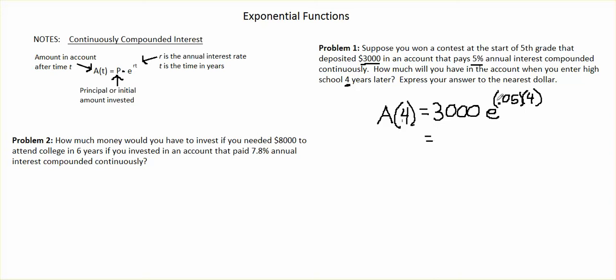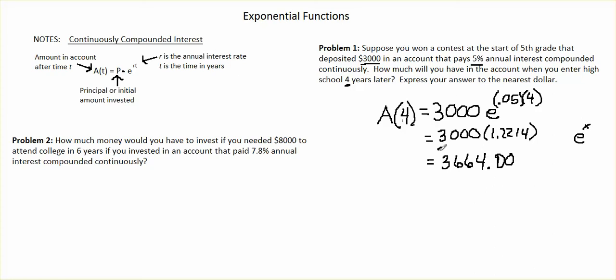On your calculator, you have a button that looks like e to the x. You should use this to calculate this amount, and if you plug it into your calculator, you should get approximately 1.2214. And when you multiply this all out, you are going to get $3,664, and I'm going to go ahead and round it to the nearest dollar and get rid of my pennies.